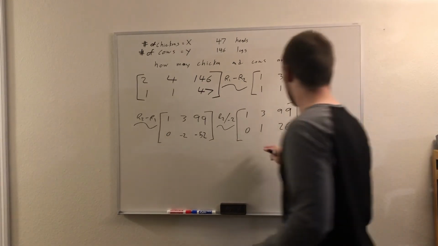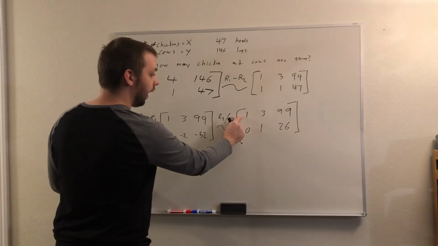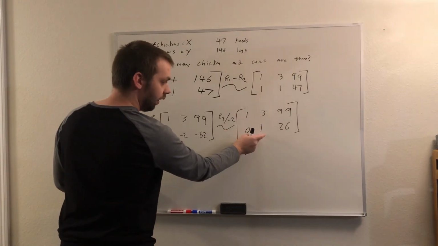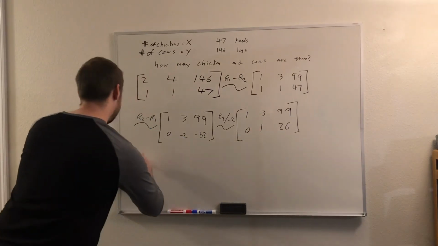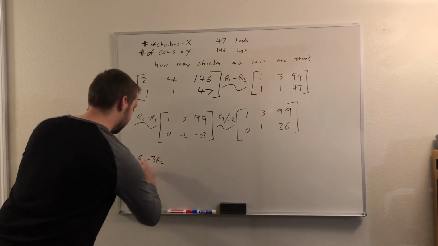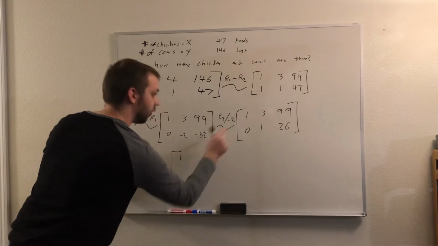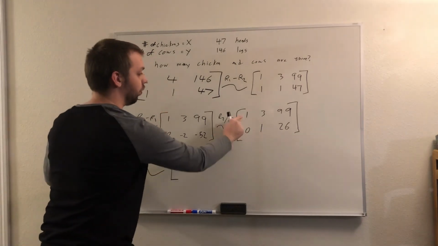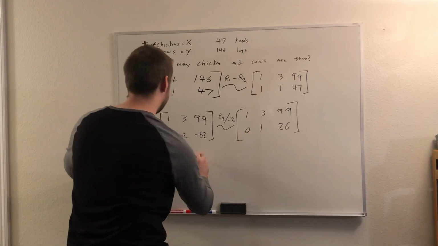So now we need to get this to be a 0 up here. So if I do row 1 minus 3 times row 2, then that will make this 0. So I do row 1 minus 3 row 2. So now I have 1, because 1 minus 3 times 0 is just 1. 3 minus 3 times 1 is 0.